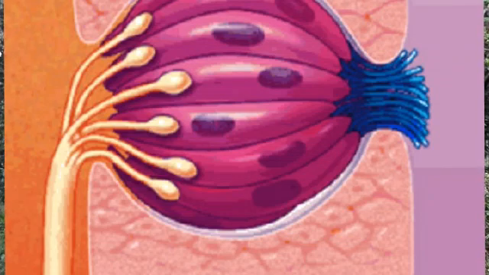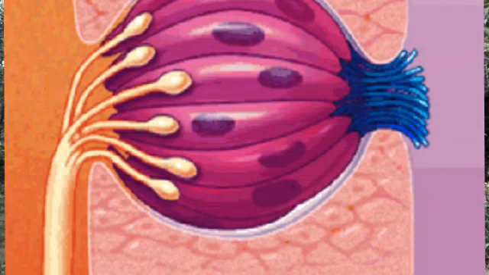Then this substance can stimulate the receptors present in the taste buds. A taste bud is made up of chemoreceptors, a group of chemoreceptors. These are particular cells that can convert this stimulus into an impulse.